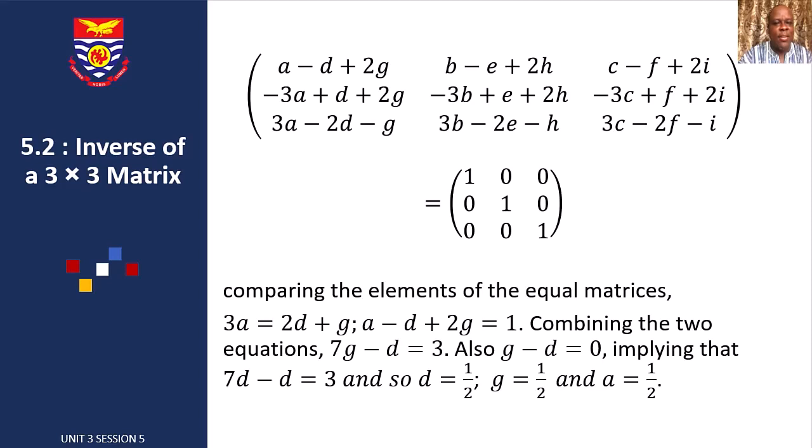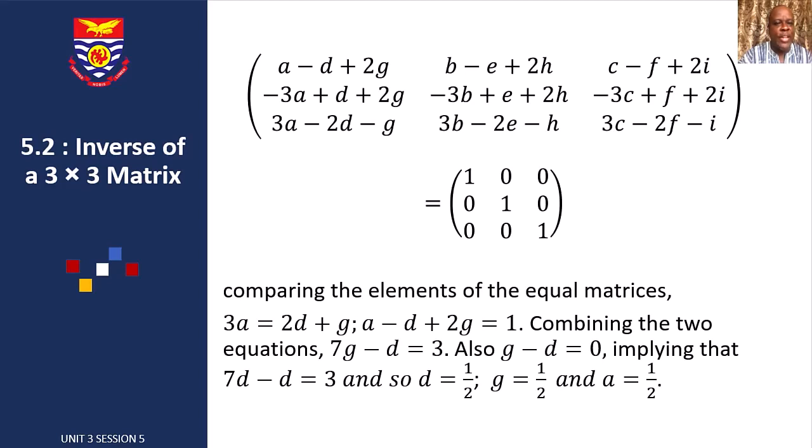Then row 3 is 3a minus 2d minus g, 3b minus 2e minus h, 3c minus 2f minus i. And that should be equal to the identity matrix. Then, using the equal matrices principle, a minus d plus 2g will be equal to 1, b minus e plus 2h will be 0, c minus f plus 2i will be 0.